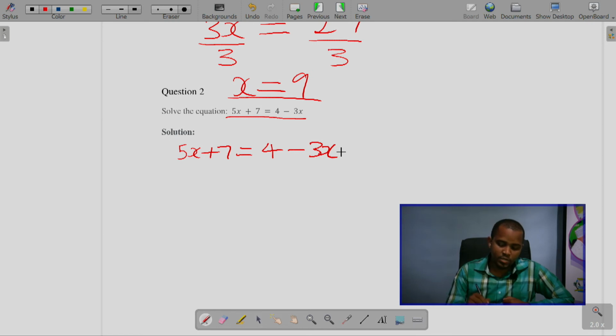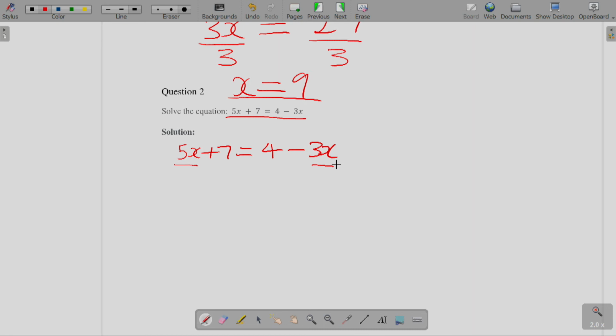This is the first step, is to write the equation given. The second step is to group together like terms. For example, this term and this term. So let's put them together, and also this term and this term.